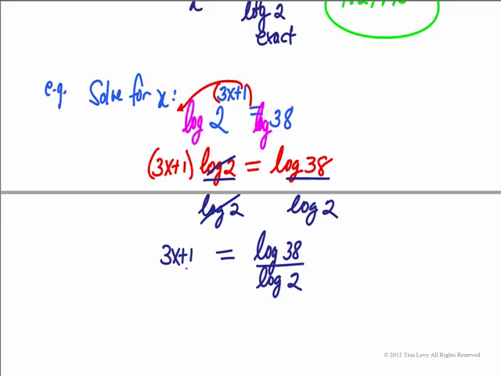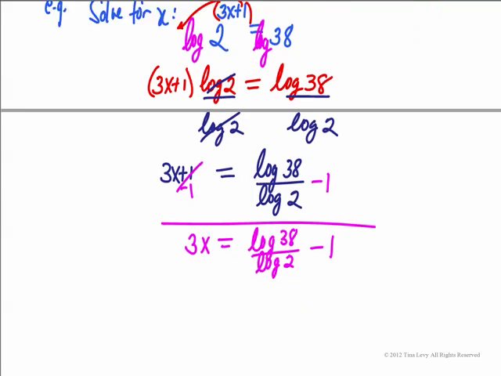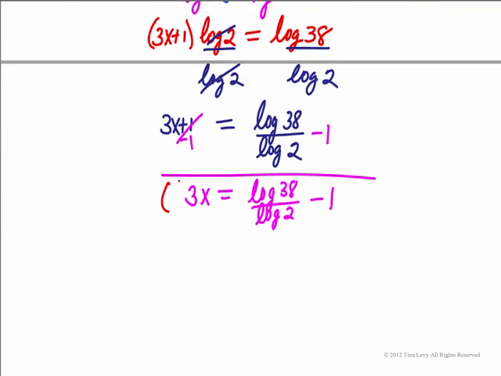We're trying to isolate x, so we'll subtract 1. This log 38 over log 2 is a number, a decimal. We'll worry about that later. So we get 3x is log 38 divided by log 2 minus 1. To solve for x, I would divide by 3, or I can think of it as multiplying by 1/3.